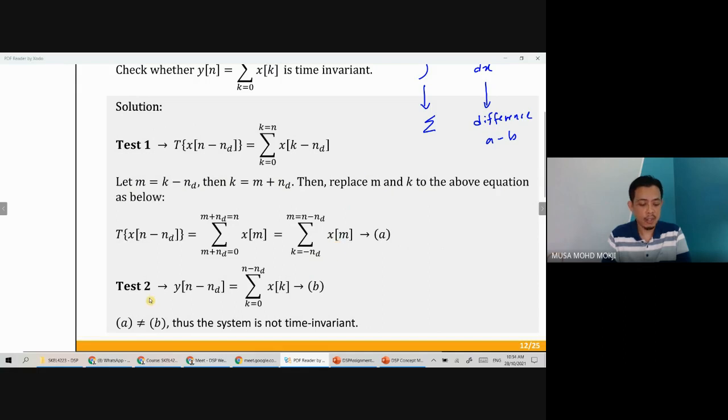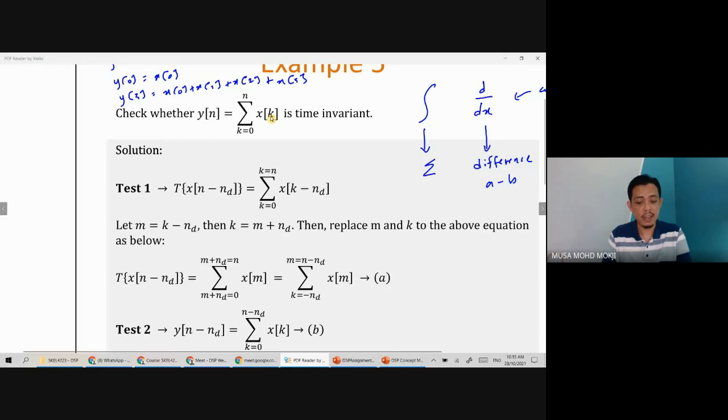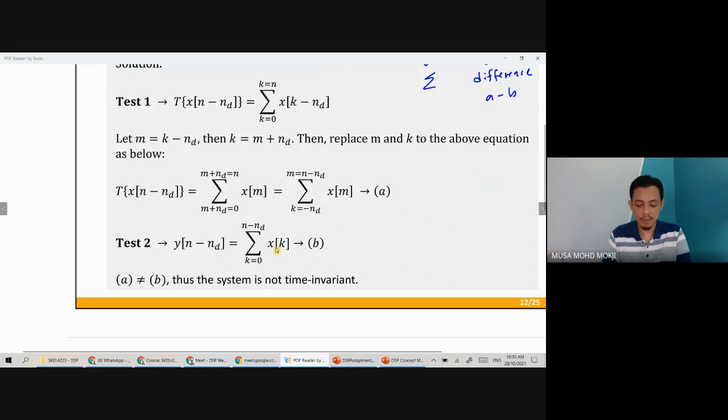The second test is we need to replace all n. Any n that you see, replace it with n minus nd. So this is what we get. Inside that bracket is a k, that one is not n, so the only n we have is this one, and we replace that. So it becomes k from 0 up to n minus nd.